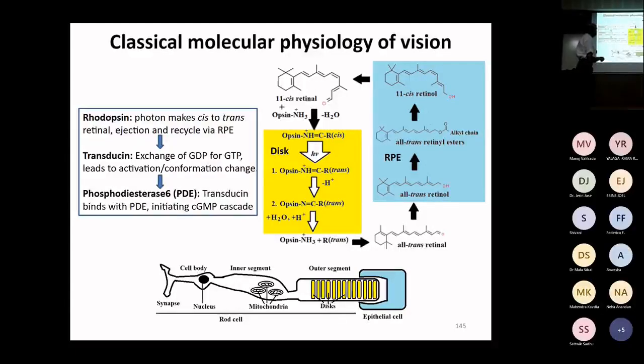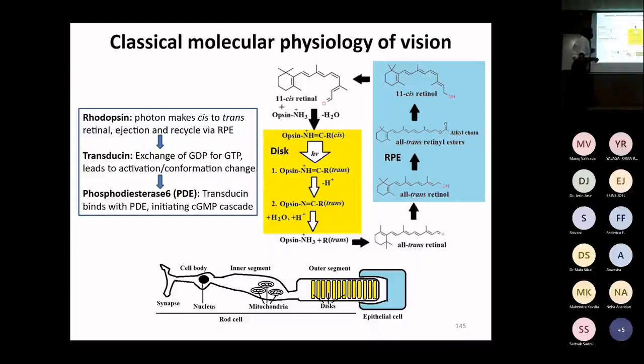When the photon hits, you have basically a configuration change from 11-cis to all-trans. This is the fundamental process that happens in the classical pathway.